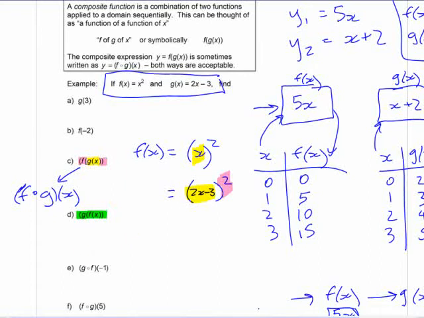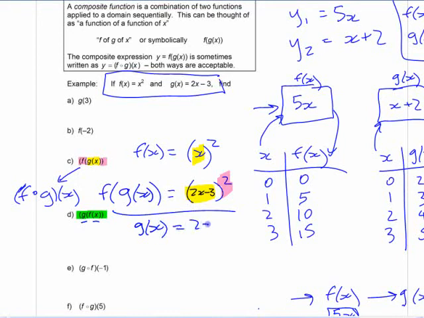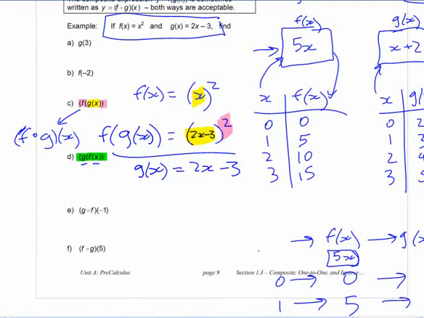If you put it the other way around, if you want g of f of x, start with g. g is the outside function. I guess I should label this properly. If we're going to do it the other way around, you start with g of x is 2x minus 3, and then substitute in the function you want to put inside.